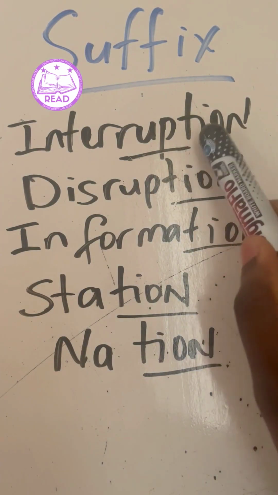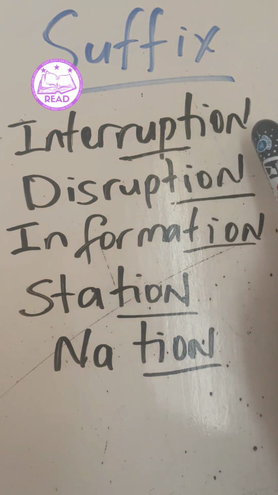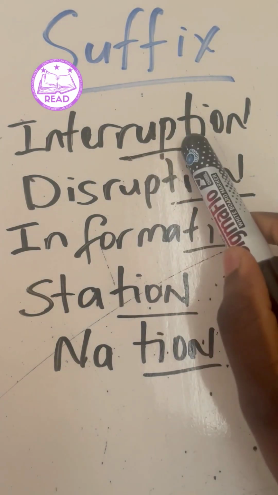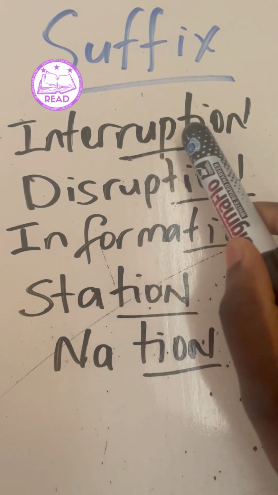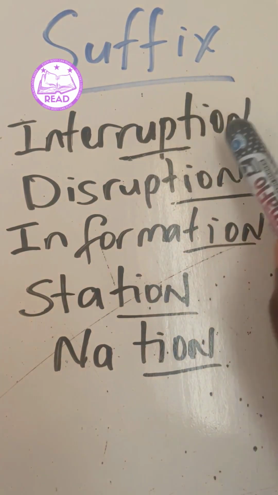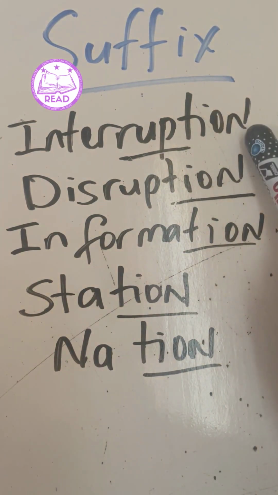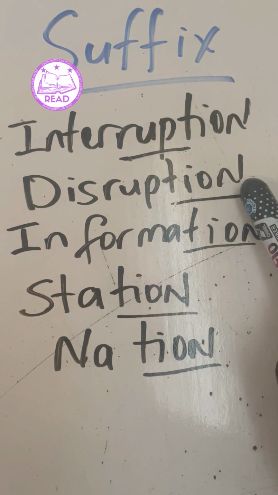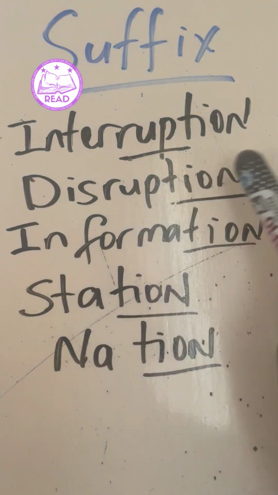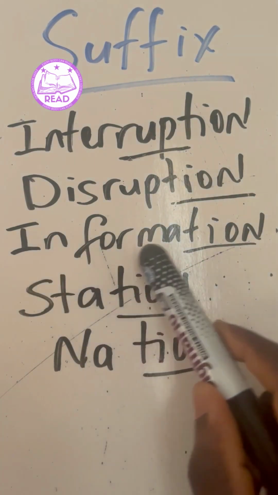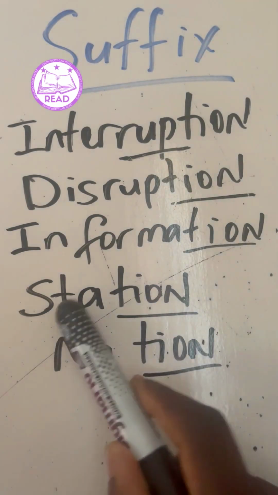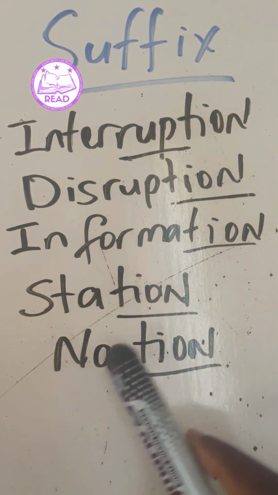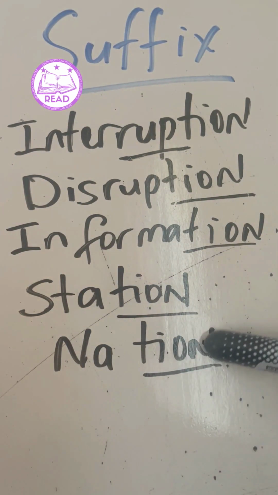The tion: what really happens is that you have the base word, root word, which is rupt, and then you add the suffix ion. But when that happens, the tion says shun: disruption, information, station, nation. You see the shun?